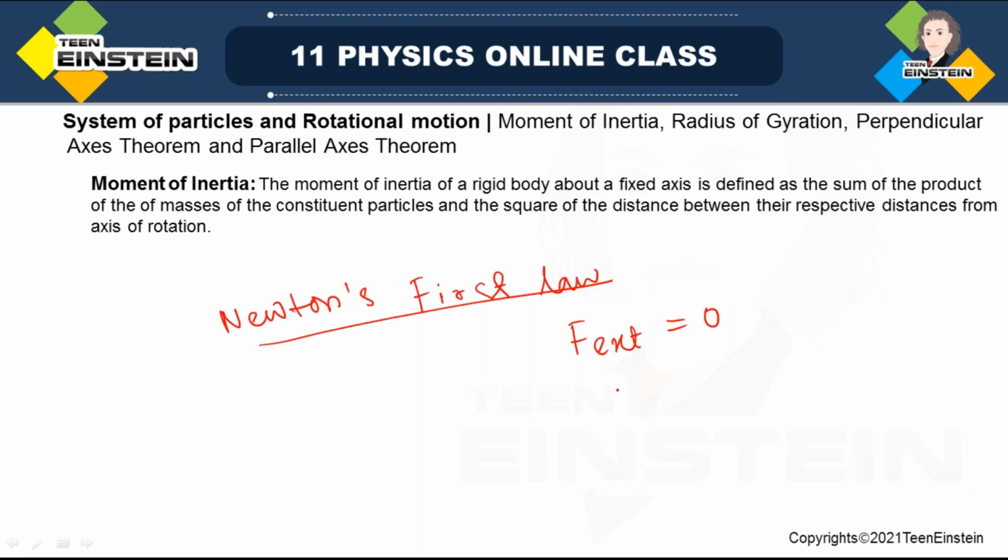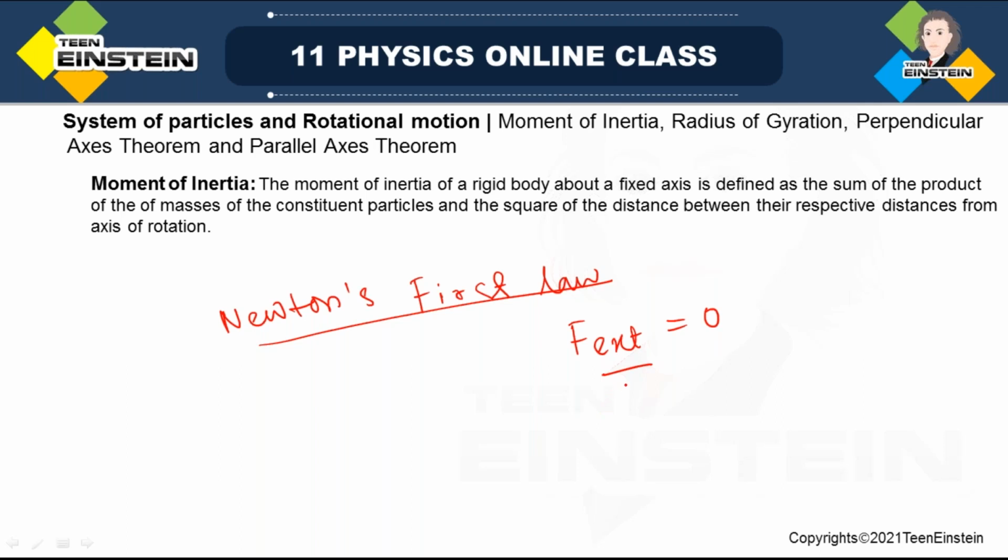This is for linear motion, not for rotational motion. In linear motion, if external force is zero on any object, then that object will either continue to be at rest if it was earlier at rest, or if it is moving with uniform velocity, it will continue to move with uniform velocity.